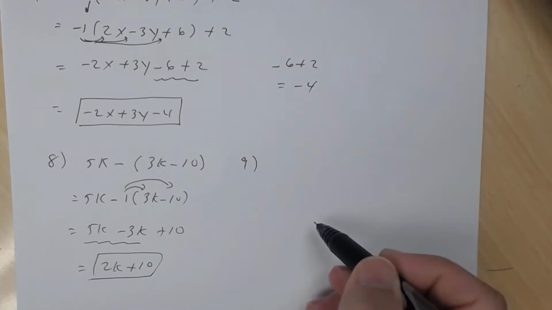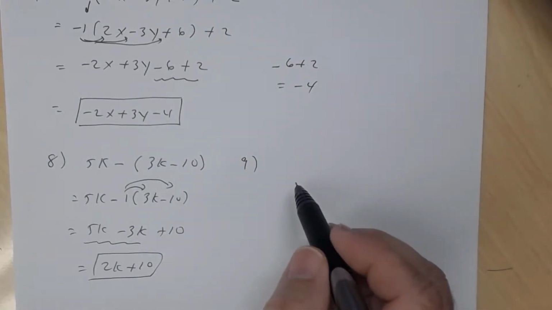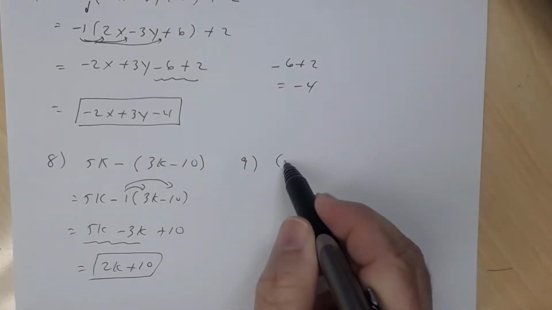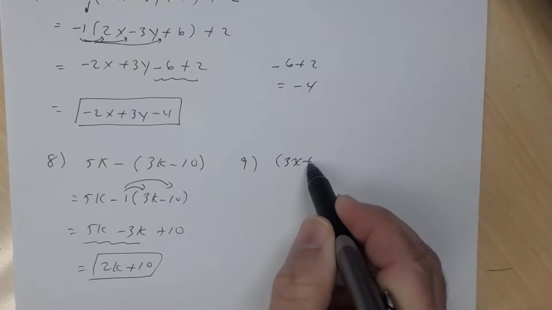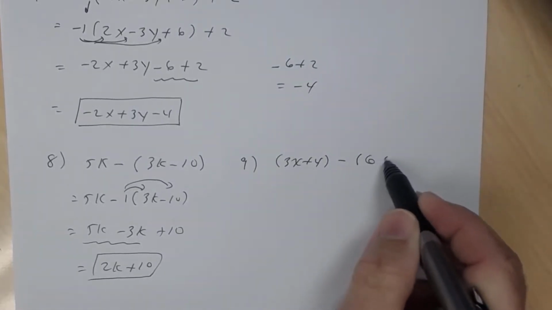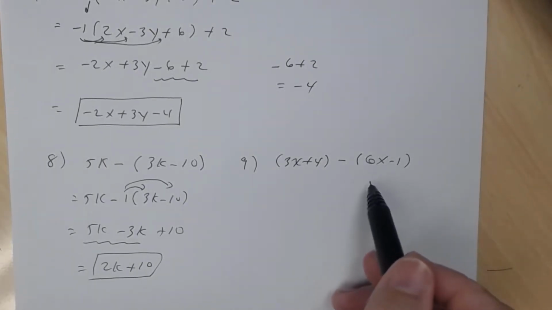Number 9, suppose we had this. Suppose we had 3x plus 4 minus, in parentheses, 6x minus 1. All right, so 3x plus 4 minus 6x plus 1.